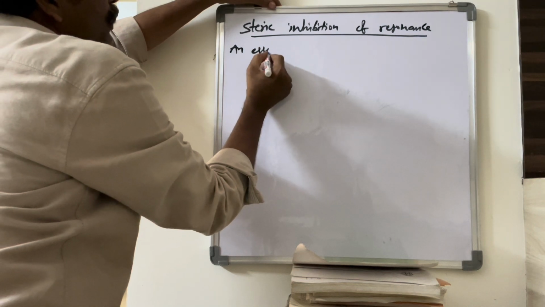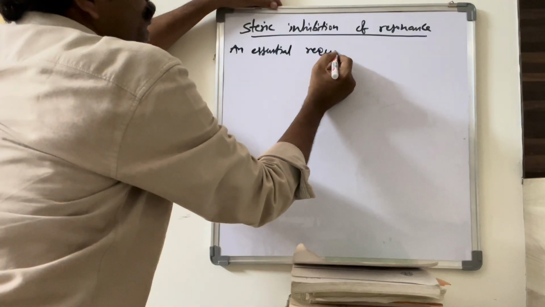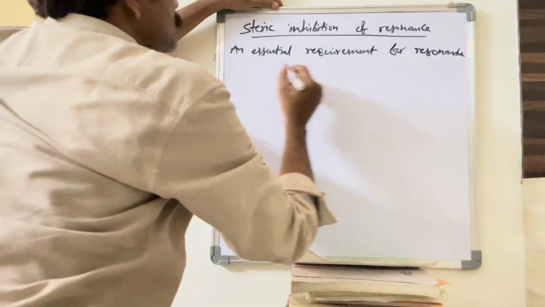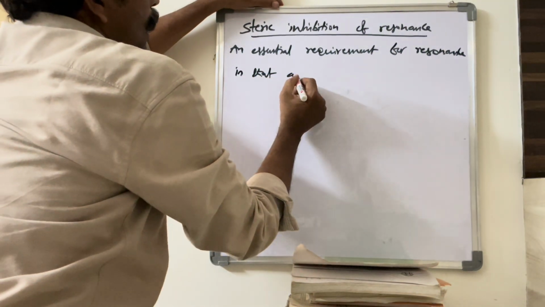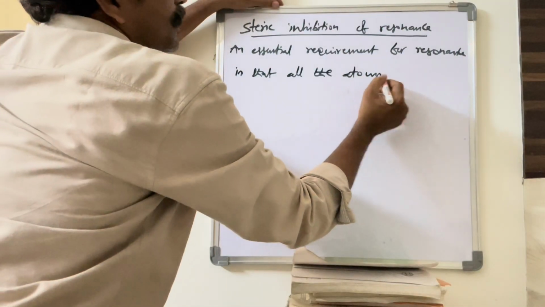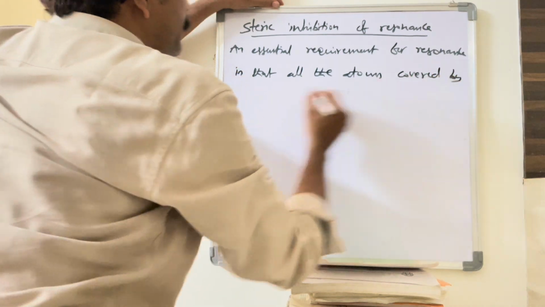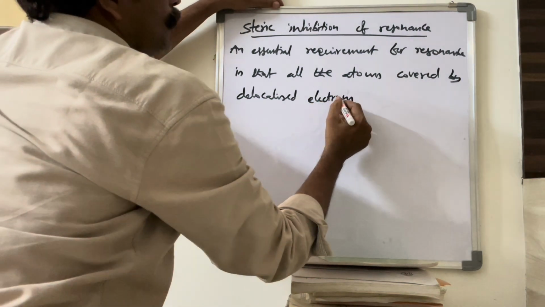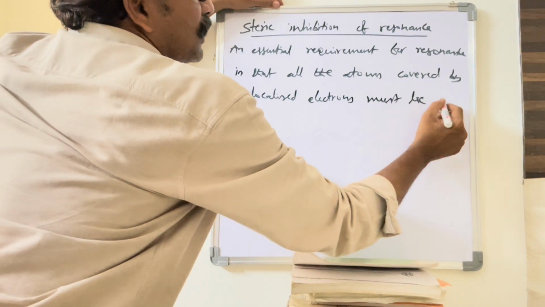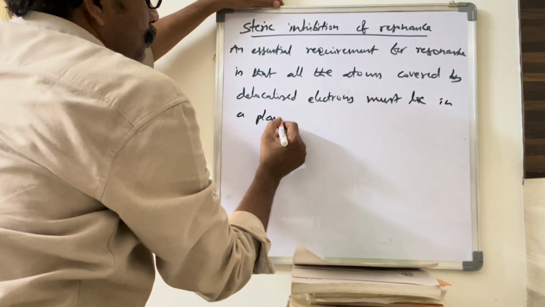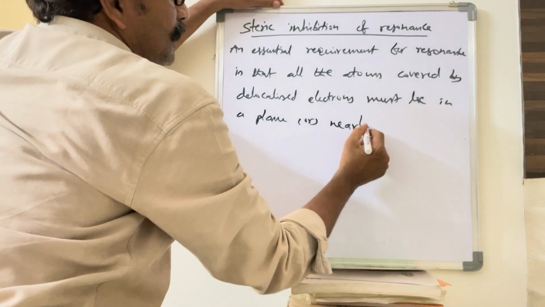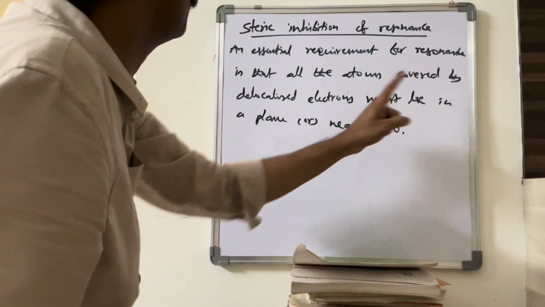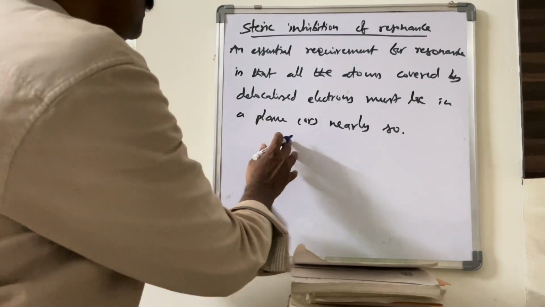An essential requirement for resonance is that all the atoms covered by delocalized electrons must lie in a plane or nearly so.